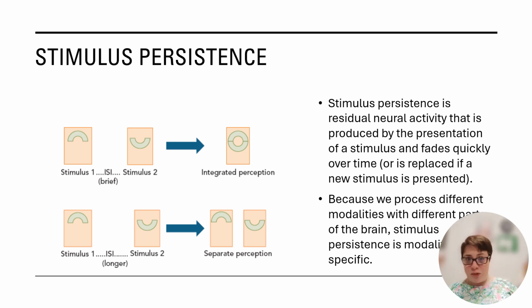And stimulus persistence is estimated by noticing the longest interstimulus interval between two stimuli where the two stimuli appear as one. So basically, for a relatively short interstimulus interval, they will be perceived as an integrated object, whereas for longer ones, they'll be perceived as two separate objects.